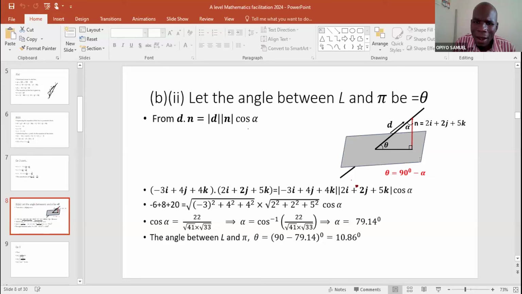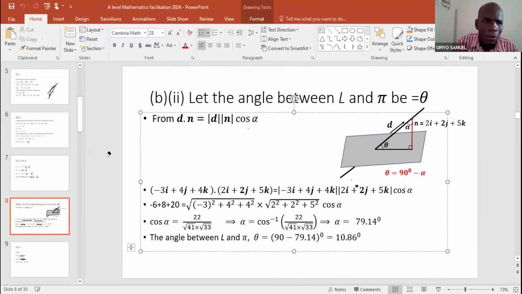When you have the equation of the plane, the equation of the plane is 2x plus 2y plus 5z equals -8.